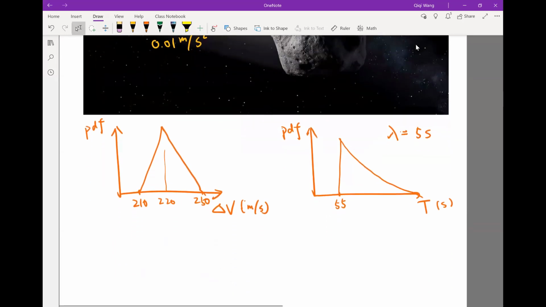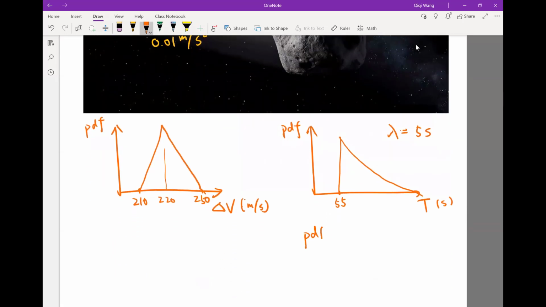So that means the PDF of t, as a function of a small t. This big T is a random variable. The small t, the PDF at small t, illustrates what is the probability density of this time at the small t. It is going to be equal to an exponential function of minus lambda.